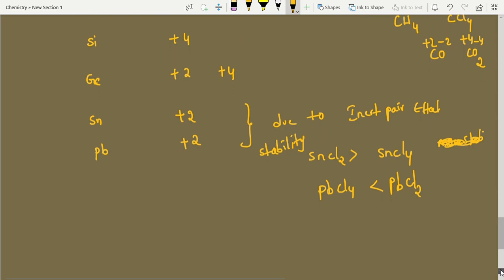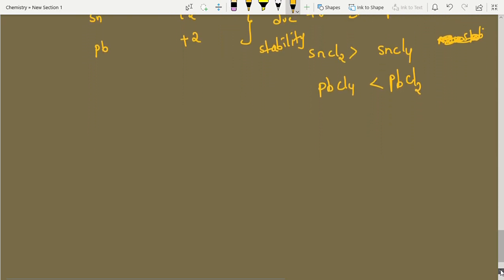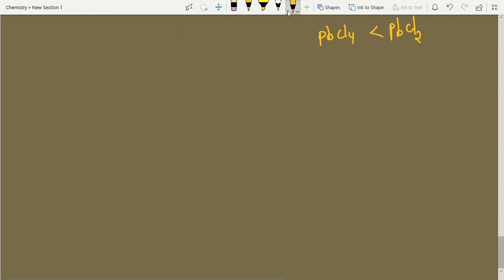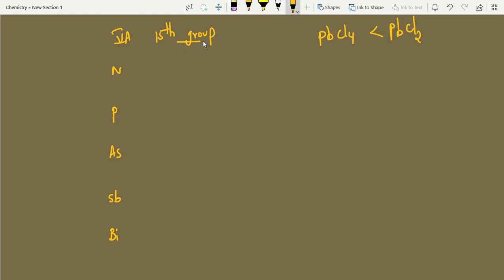Now, nitrogen family. What is this? Nitrogen, phosphorus, arsenic, antimony, bismuth. So here it is the 5A group element and the 15th group. The common name is also important here.